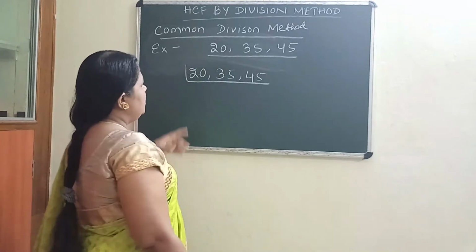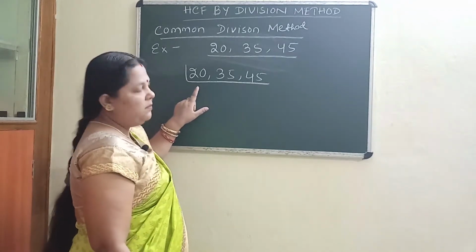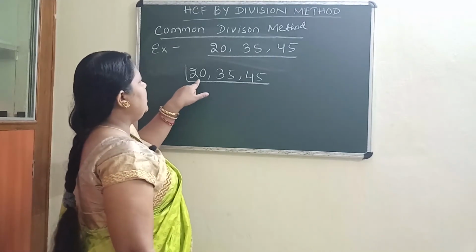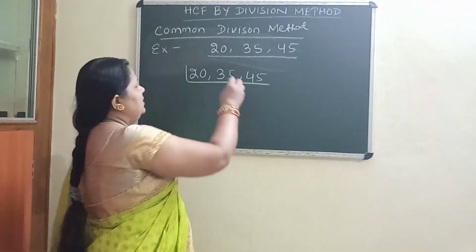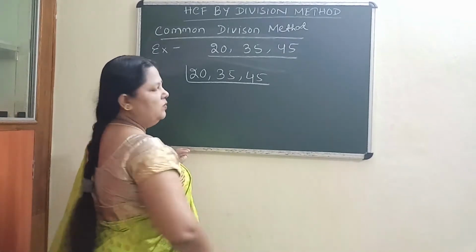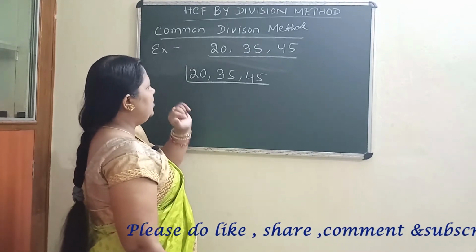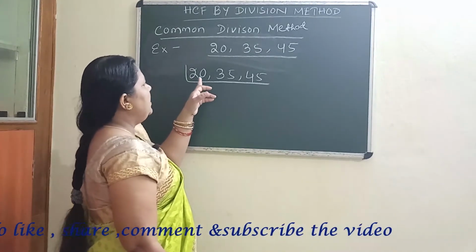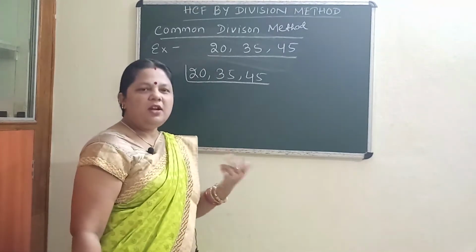If you divide by 2, because 2 is the least prime number, only 20 is divisible, but these two numbers are not divisible by 2. So let's take 3. If you take 3 as a common factor, then only 45 is divisible, but these two are not divisible.